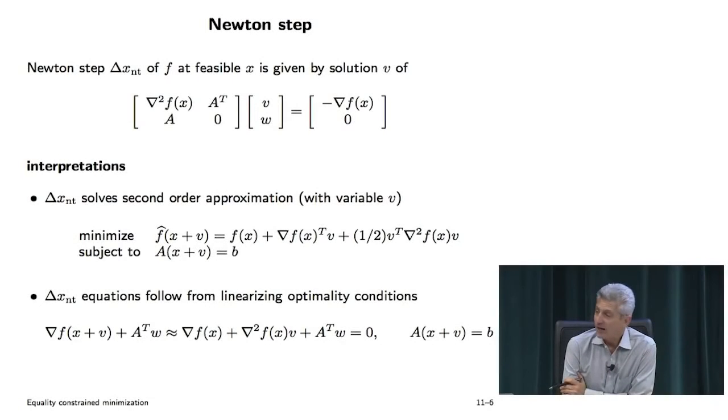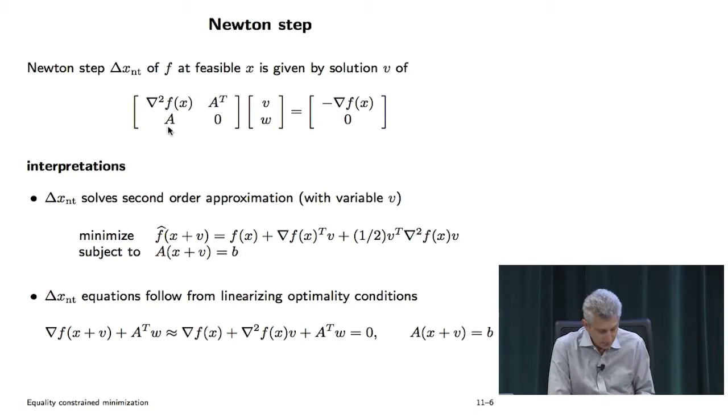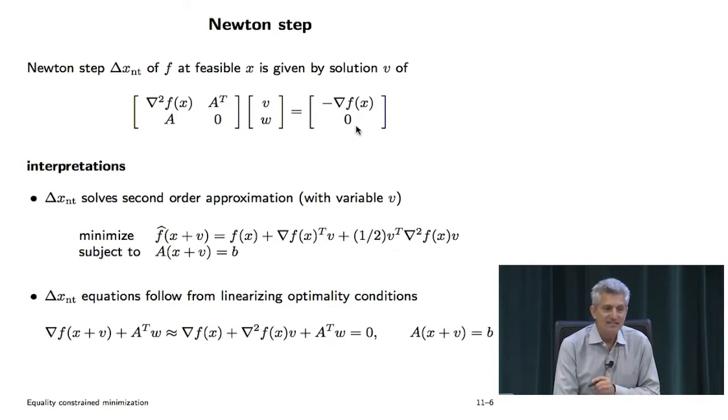Newton's step for an equality constrained problem looks like this. You form this 2 by 2 block matrix with v and w, and you solve, and on the right-hand side you have the negative gradient and 0. If you read the second row, it says Av equals 0. That means v is in the null space.